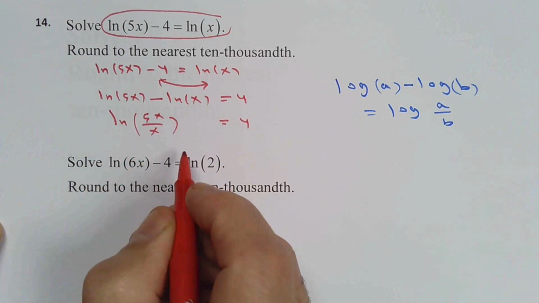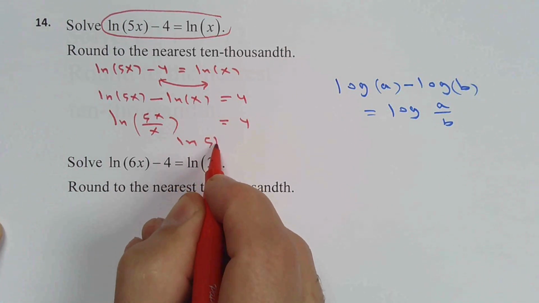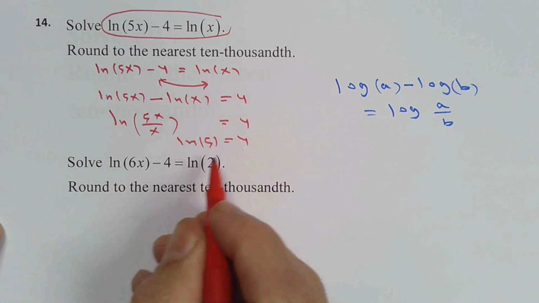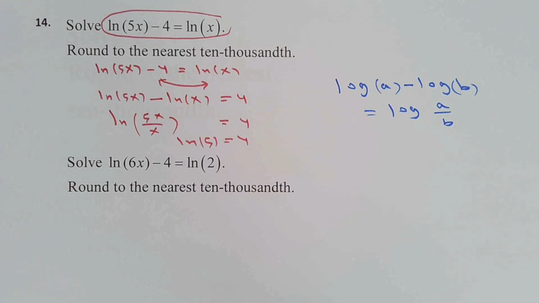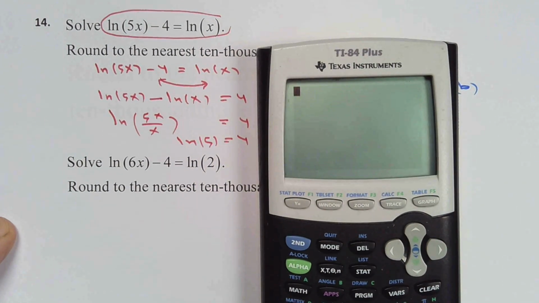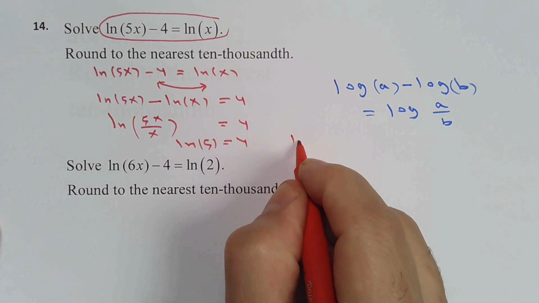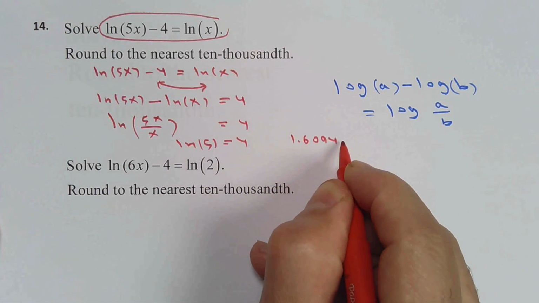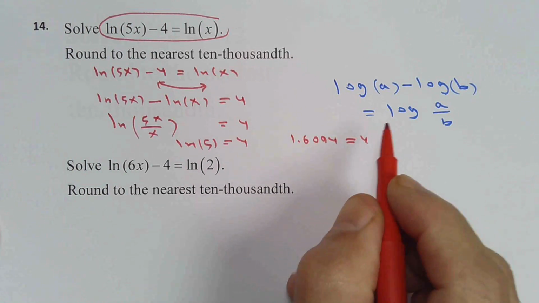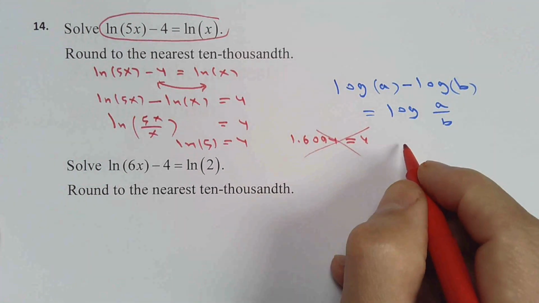But x cancels, so we have ln 5 equals 4, but that is not true, because ln 5 is about 1.6094. And this is like saying that 1.6094 equals 4, and that's not true. So no solution.